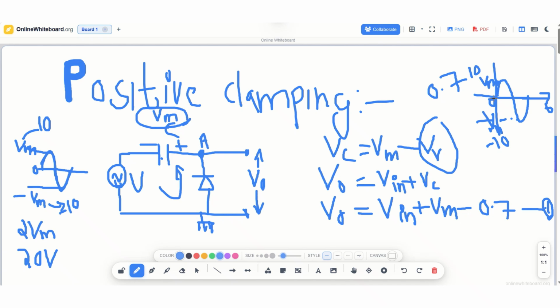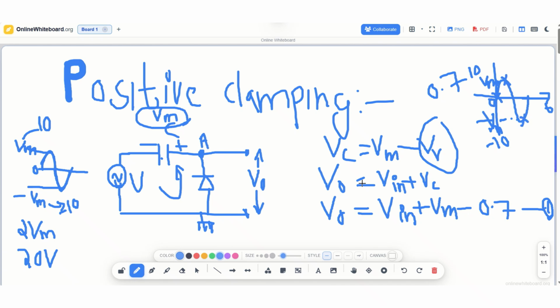When the input voltage becomes zero, what will happen? We can analyze this clamping operation at three extreme points.